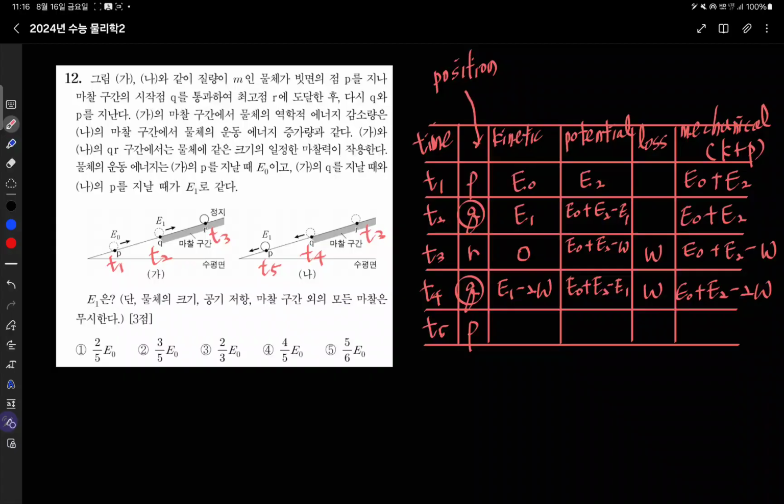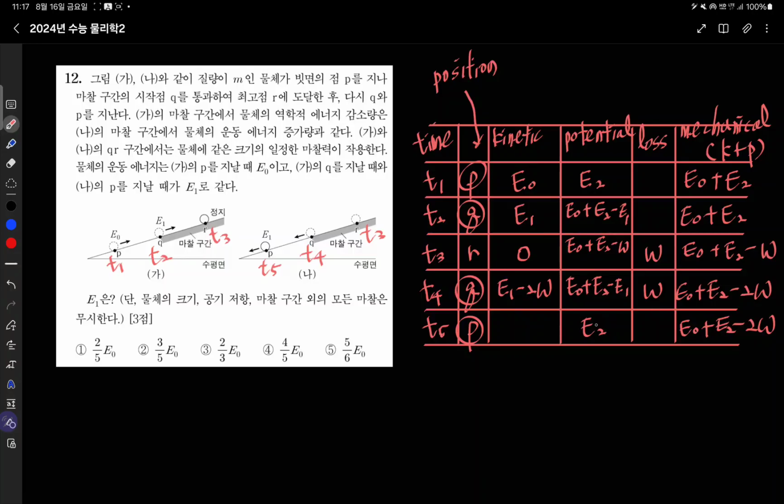And likewise, if we compare t1 and t5, the position is the same height. So the potential energy should be the same. So at t5, the object has the potential energy E2, and from t4 to t5, no loss of energy is made, so it still has the same amount of mechanical energy.